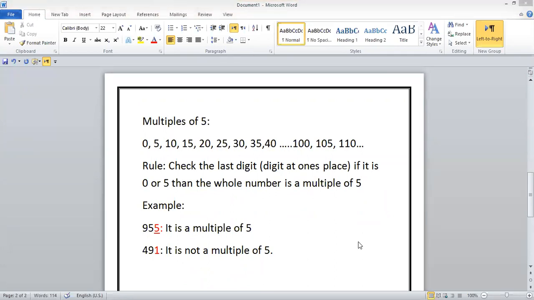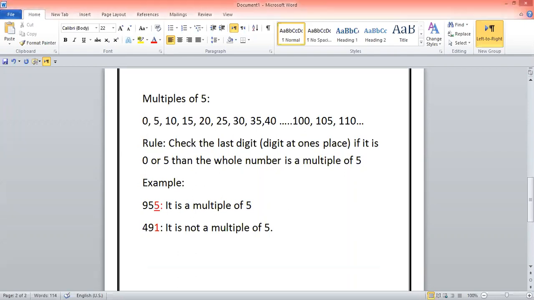Yes, guys, it is a multiple of 5. Okay. Now, 544. Tell me, is 544 a multiple of 5 or not? It is not a multiple of 5. Okay, very good. So that means you know multiples of 5 also.